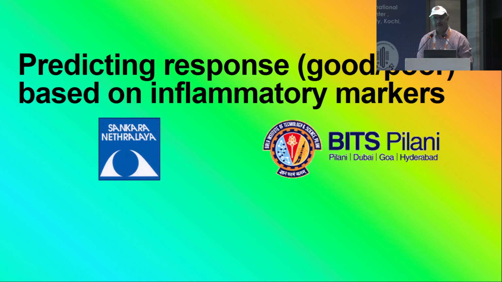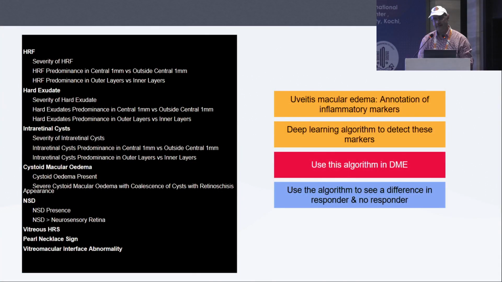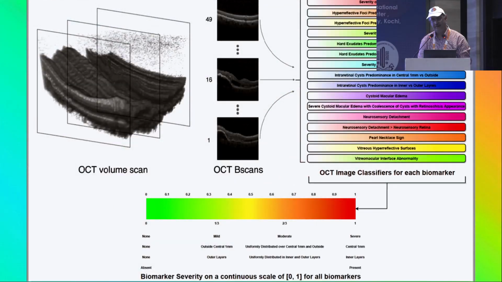The other good thing which has come out of this study is using biomarkers and then making a score of diabetic retinopathy, and using that score as a criterion for prediction of the outcome. For example, inflammatory biomarkers have been used: thickness, cystic degeneration, hyperreflective foci, whether they involve the center or not, whether they involve the outer layers or the inner layers.